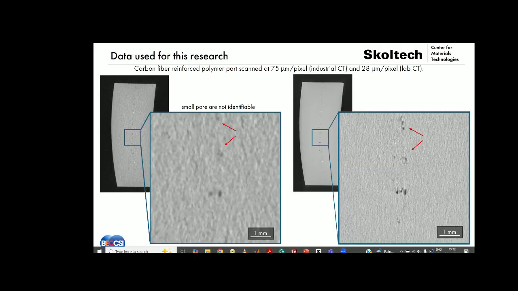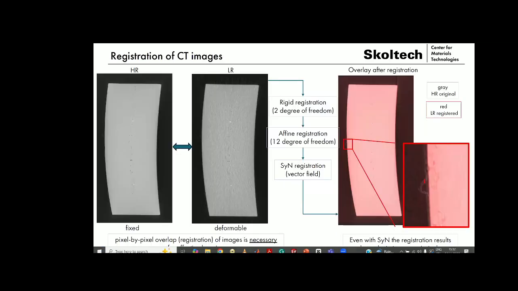But they are not paired. Super resolution requires pixel-to-pixel registration. We tried to do it. We did a very rigorous registration process with affine registration and non-rigid registration, where for each pixel there is a vector showing where it should move, but even after this registration process, we had some deviations between these CT images.